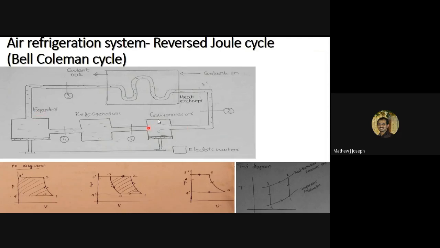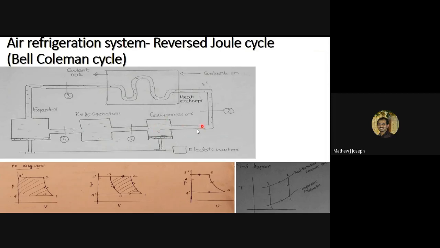So the compressor will be isentropically compressing our working fluid, that is air. Due to that compression process, the temperature of our working fluid will be increased. Both the energy and temperature of the working fluid, that is air, will be increased.